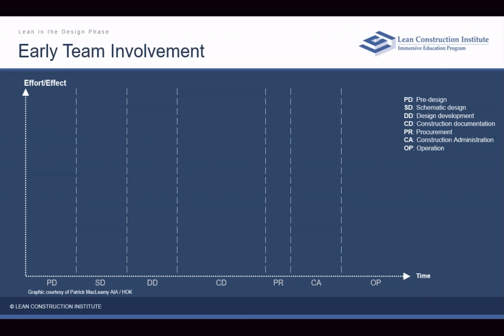Basically what we're seeing is the progression of time from pre-design, schematic design, design development, into construction. Our ability to make design changes decreases as the project progresses, we all know this.